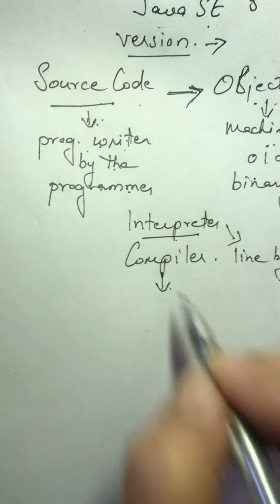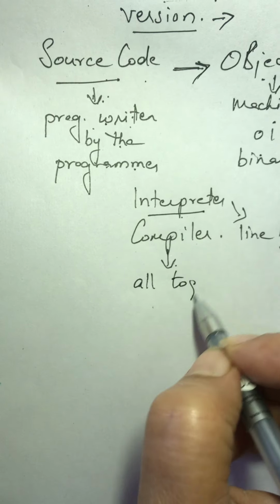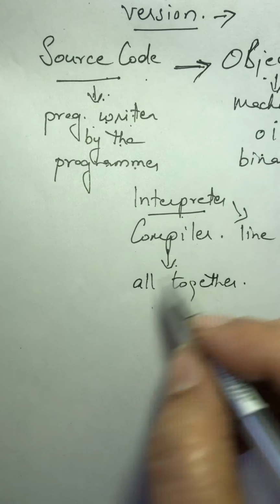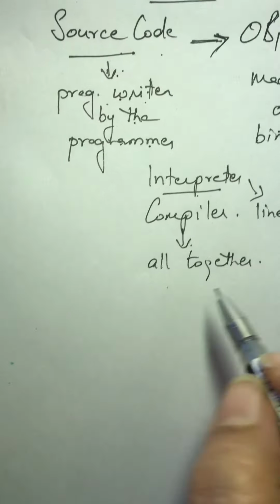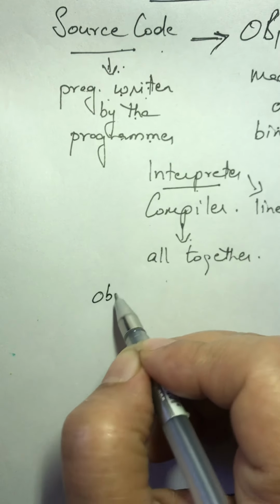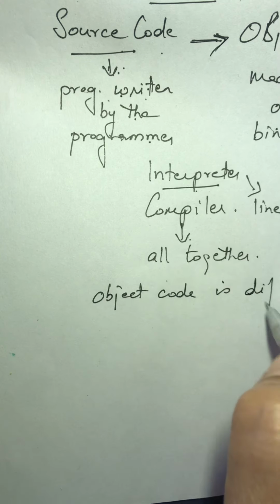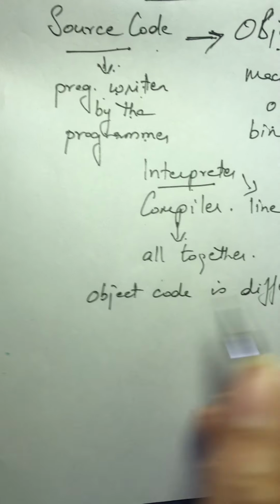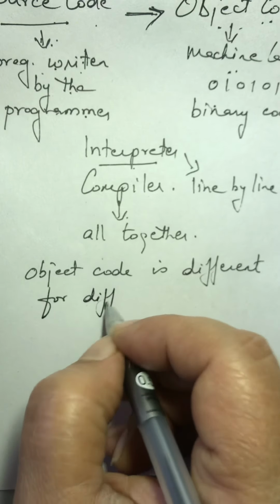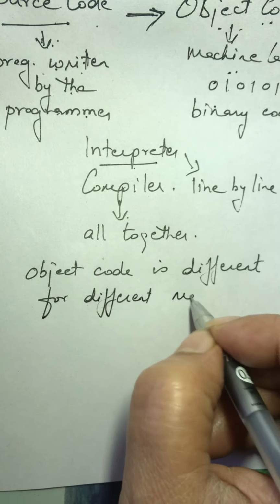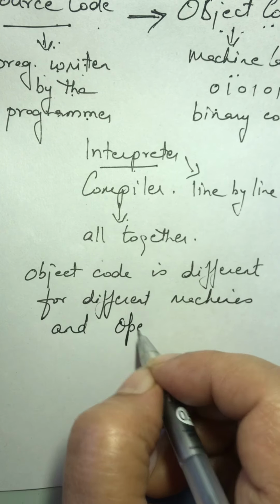And if I'm using a compiler, it is going to change all the lines together from the source code to the object code. Now this object code is different for different machines and operating systems.